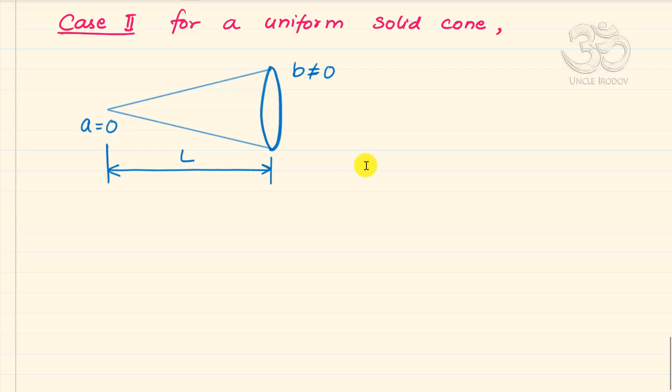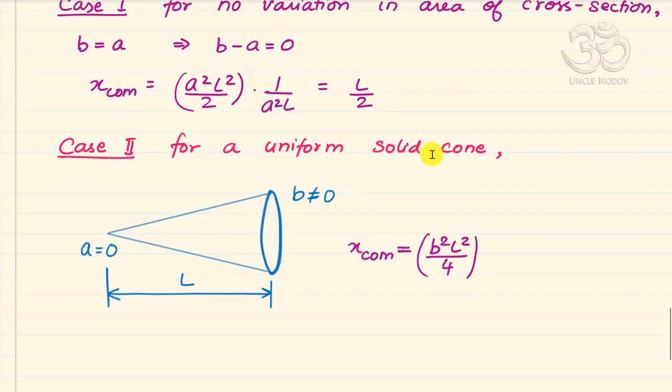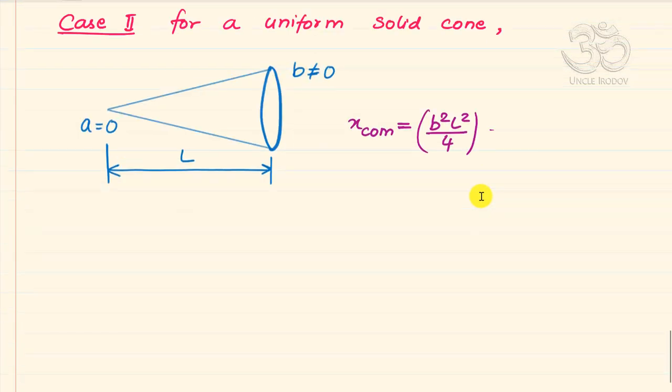So then the x center of mass will be b square L square by 4 divided by this term, which will be b square L by 3, which is going to give you, if I am not wrong, 3L by 4. So the center of mass from the left end is at 3L by 4, somewhere here.